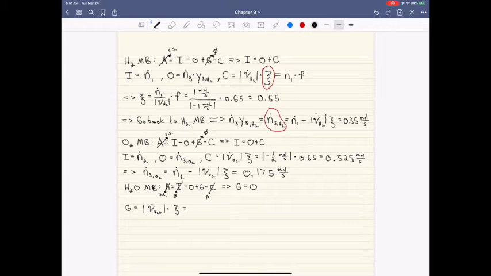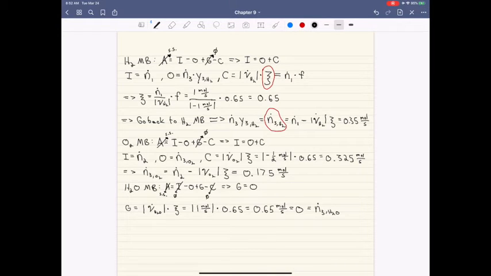Based on reaction C, in this reaction 1 mole per second of water is produced, and that's multiplied by 0.65, which gives us 0.65 moles per second. From the material balance, we know that's equal to the output stream, so the water in the 3 stream is equal to 0.65.